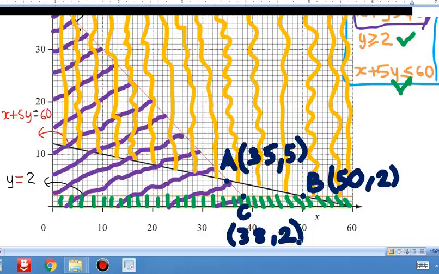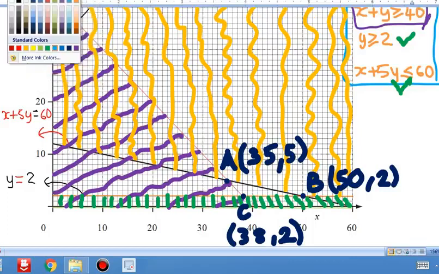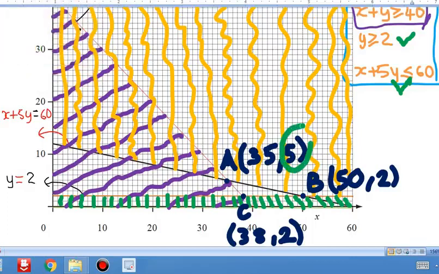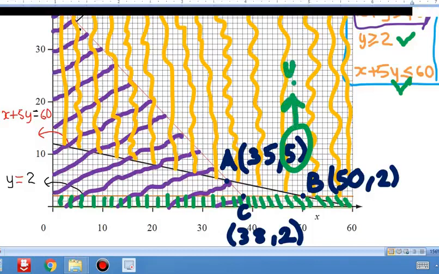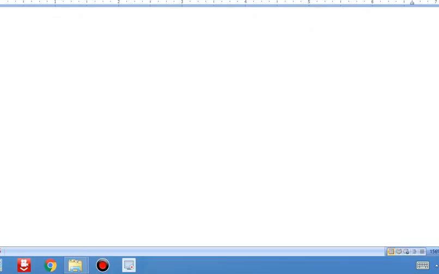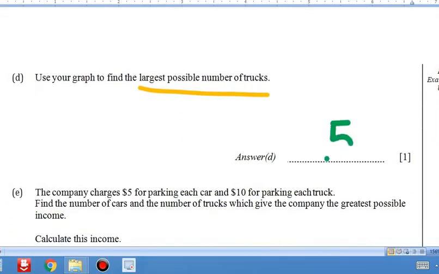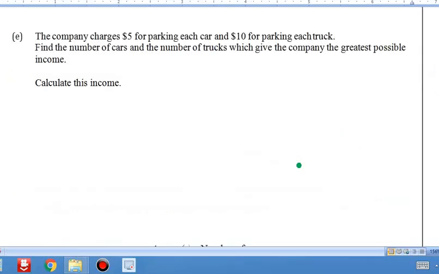And from here I can see that it is this 5 which has got the highest value, and since the number of trucks is represented by the variable y, this y coordinate is the answer to the next part of my question. So therefore 5 is the answer.